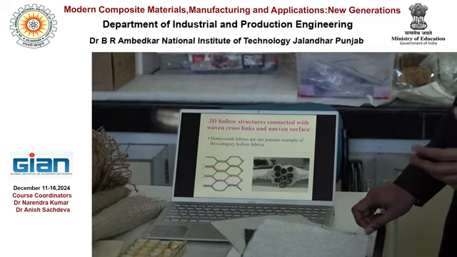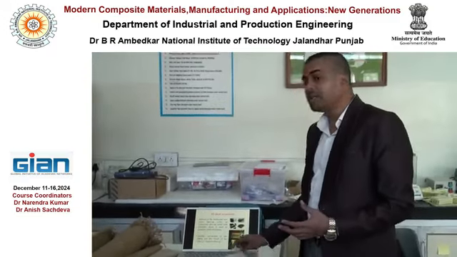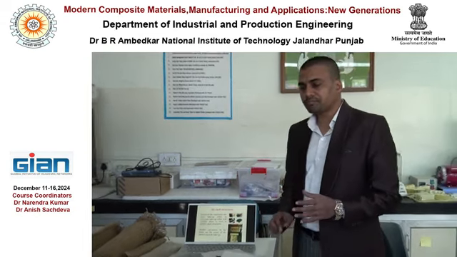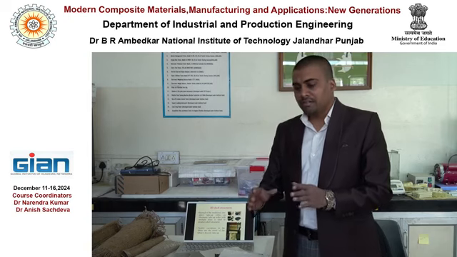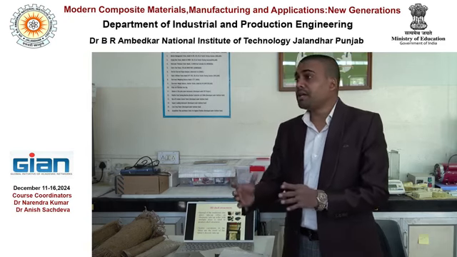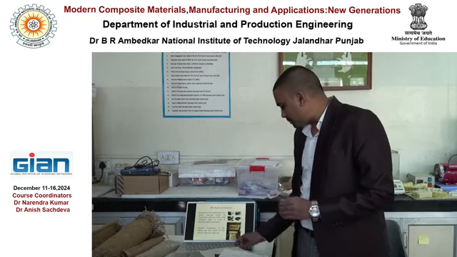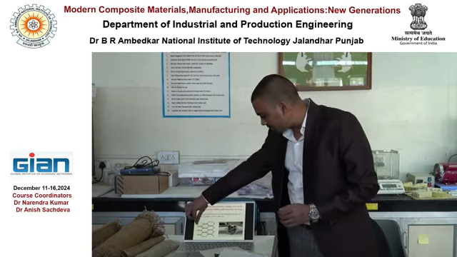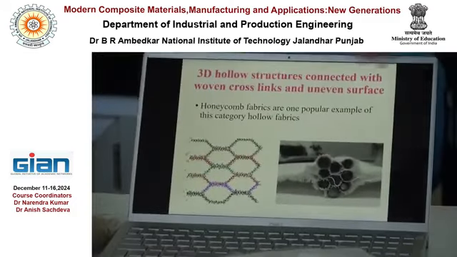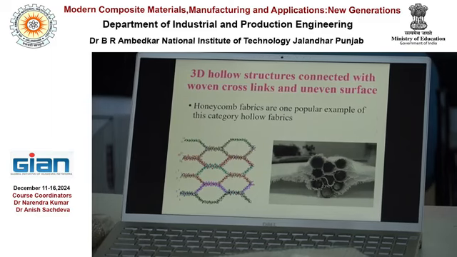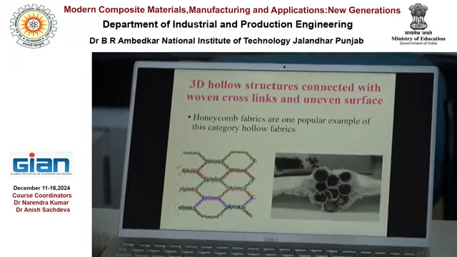And this specialized weaving machine should be equipped with an arrangement to accommodate multiple number of warp sheets or the yarn sheets. For example, here you see you have multiple layers of the yarns, and there should be arrangement to accommodate these multiple layers of the yarns.